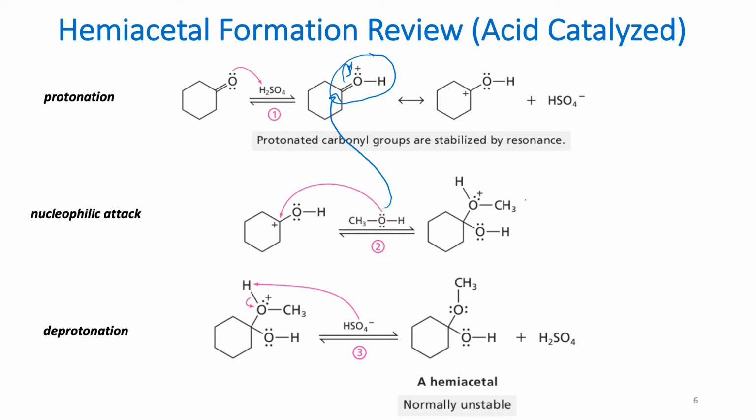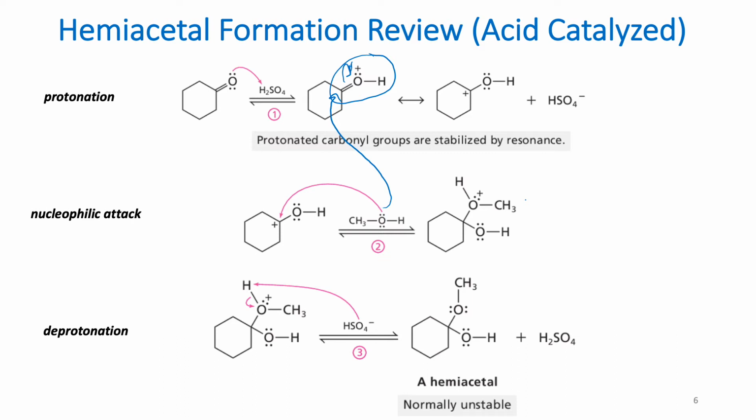Recall it has a central carbon bound to two oxygens. In the hemiacetal, one of the oxygens is an OH, or hydroxyl group, the other is an ether. And recall that you reform sulfuric acid, which is needed to start the process off, so it is thus a catalyst.